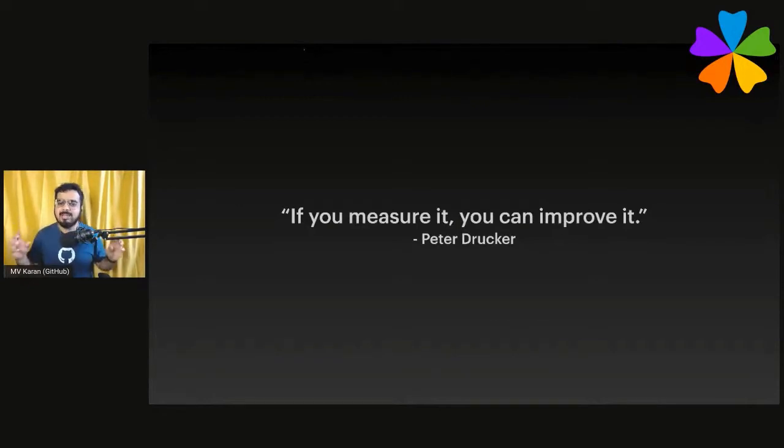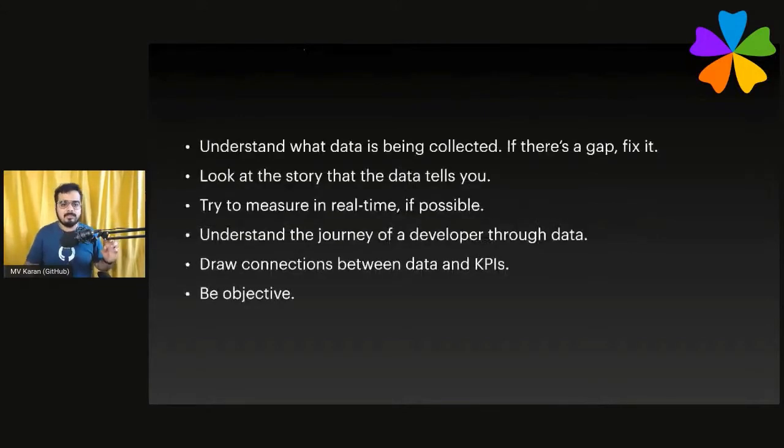From a program level, you of course want to measure how the specific program is performing, but you need to measure from a business level as well. A few key things: firstly, understand what data is being collected, and if there's a gap, you need to fix it.